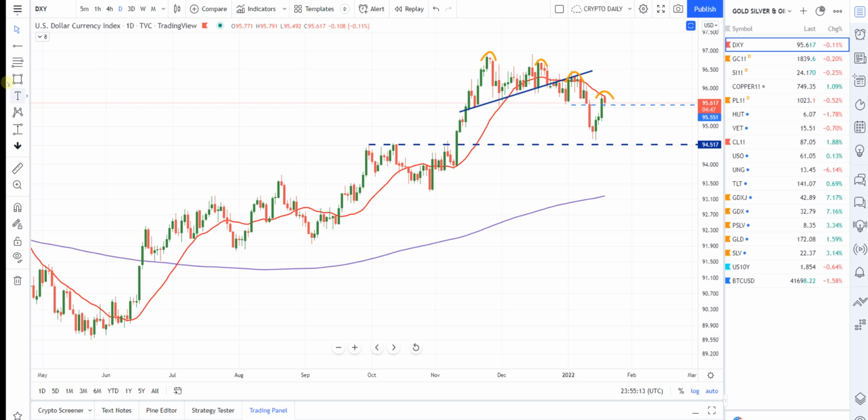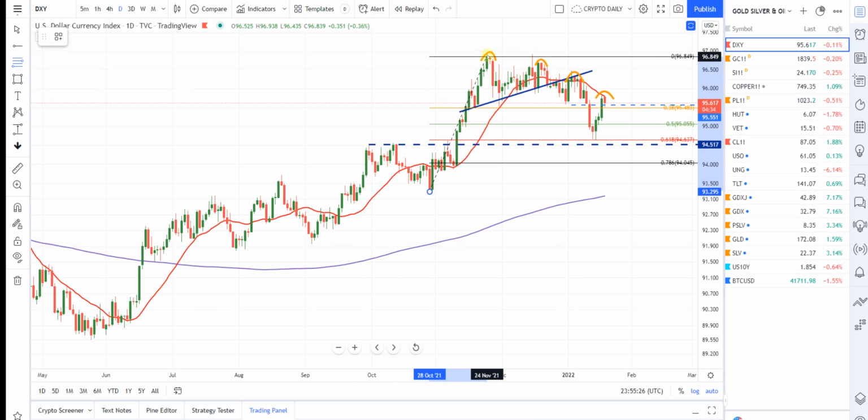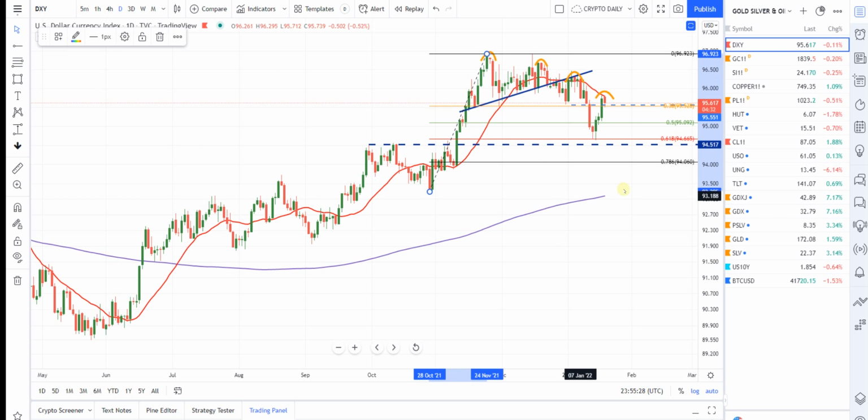Let's put a fib line on here and see what we're doing. It's very important to get the right placement, and we're using this swing low here, before we built some consolidation and then went to our high. As you can see, we tested that 0.618 fib, which is the strongest support, the golden retracement.